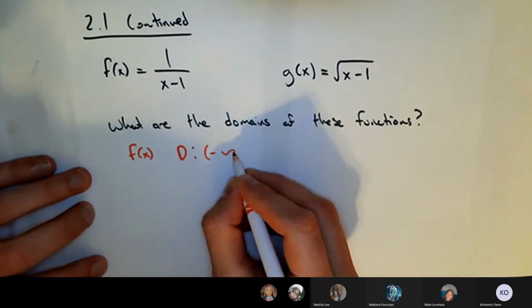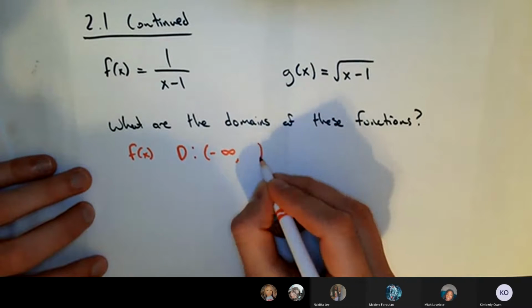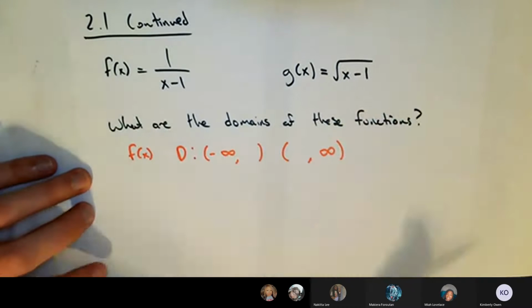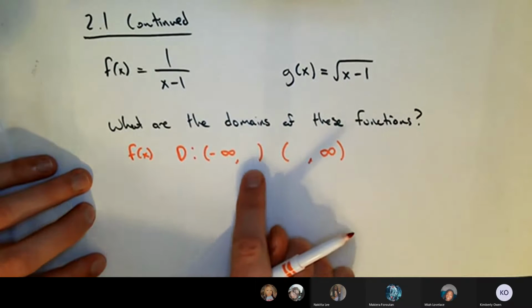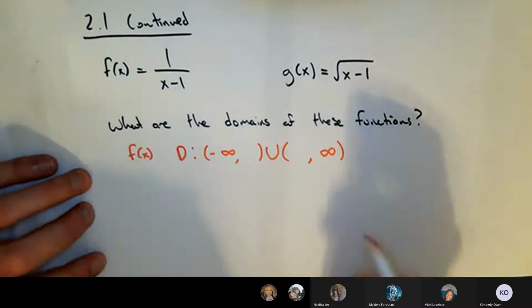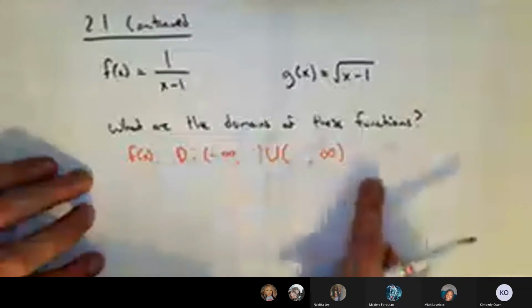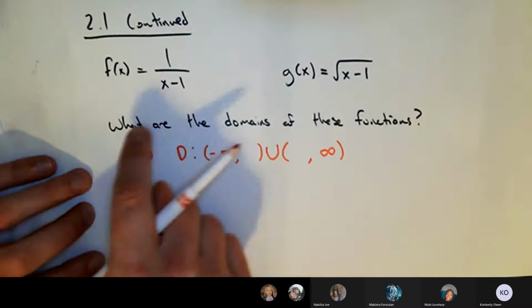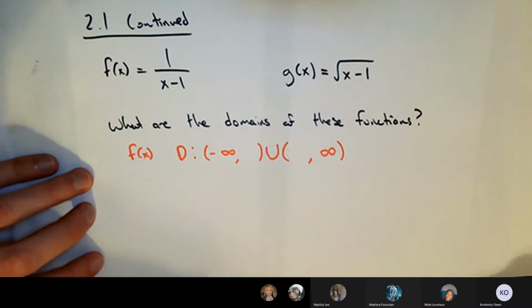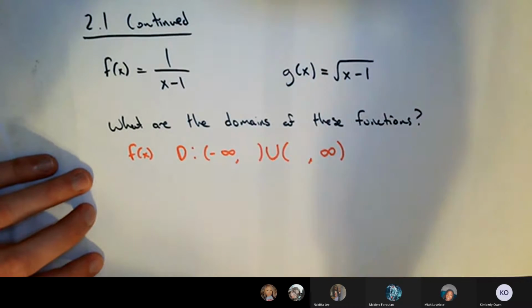It's going to be every single real number except for that one particular number that's going to go here and here, and we're going to connect these two intervals with a union. I went into detail about that interval setup with the union last time.